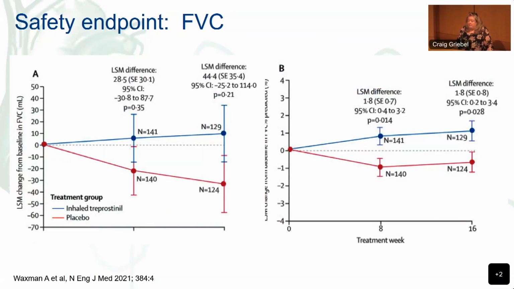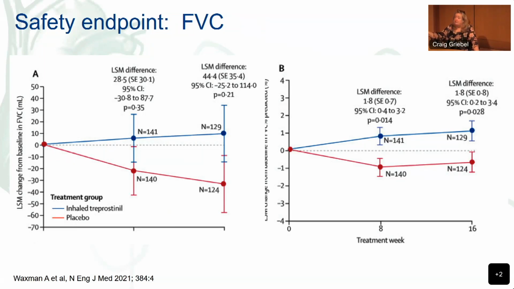And I think everybody was surprised that there seemed to be a difference in the slope of forced vital capacity in patients randomized to inhaled treprostinil versus placebo. And what's even more interesting is they got forced vital capacity as a safety endpoint in the PAH trial.